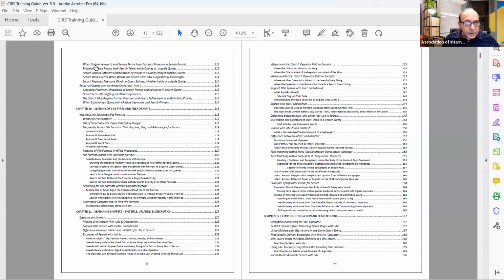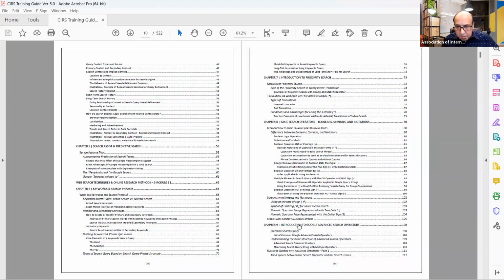So for when certain keyword terms have search results. Okay, so this is the one, the hiding rule, advanced.